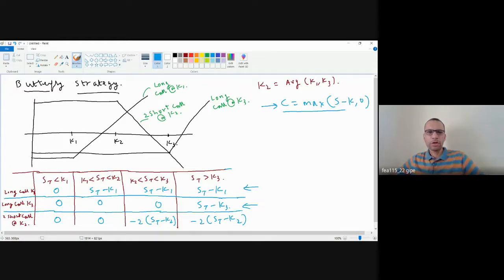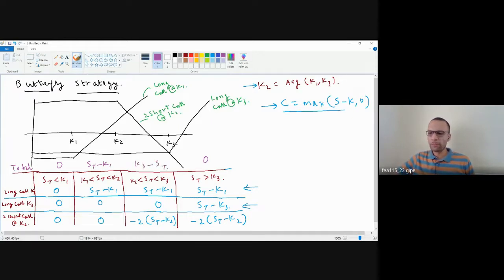So if I simply substitute K2 as an average of K1 and K3, and convert them in the forms of K1 and K3, if I get rid of K2 and solve this, then I get a net result. I'll write the net result directly. So you get a 0 and a 0 here, and you get a ST minus K1, and a K3 minus ST.